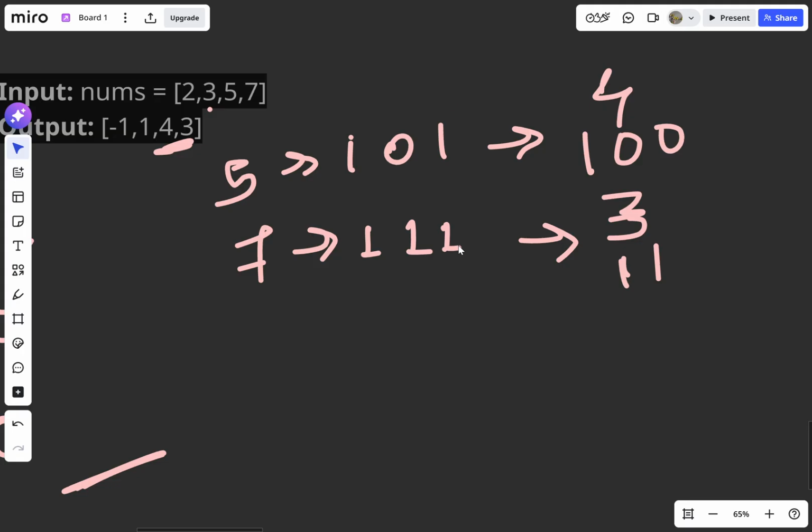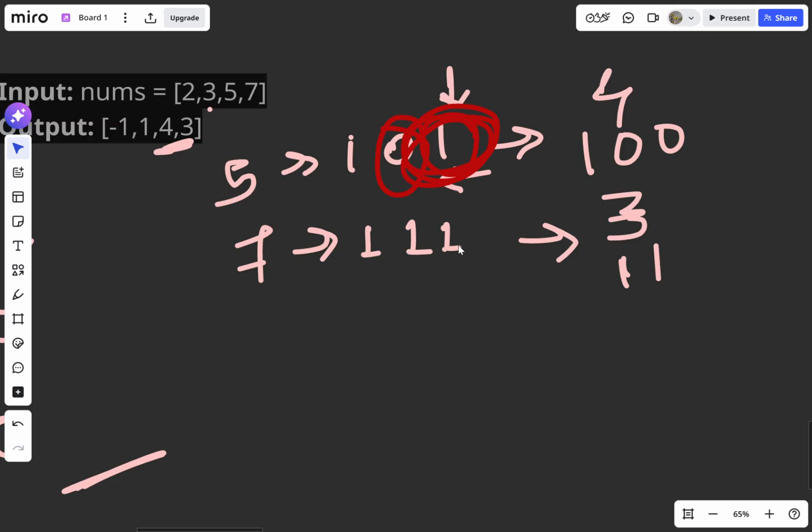Now how have we done this? We only have to get the last least significant bit. We can traverse from right to left. If we have this bit as a set bit, we will count it. If we don't have this bit as a set bit, we will break the loop and not go ahead.